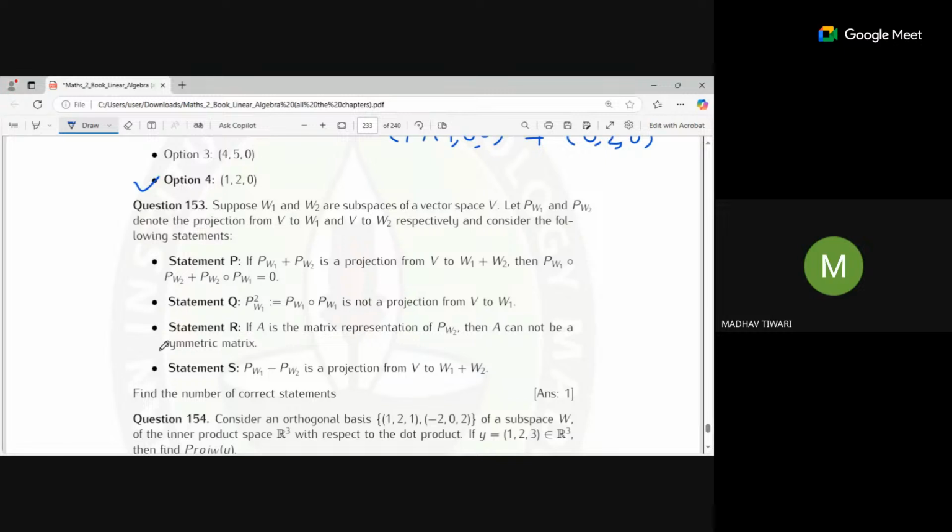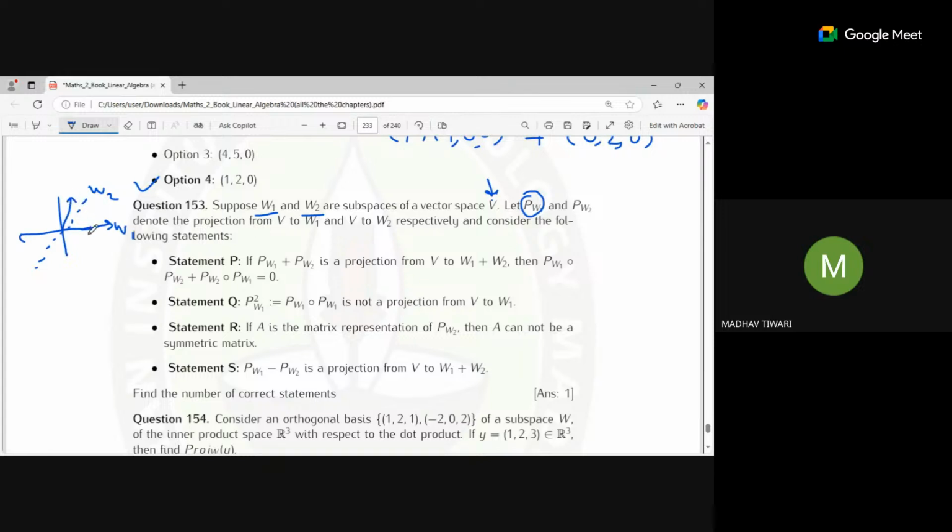Next question: it is saying that two subspaces are there, W1 and W2, and we have a vector space V, and PW1 represents the projection of this vector space on W1. Suppose you have a 3-dimensional structure and you have some vectors, any vector you can have. Suppose here you have a vector. This line is your W1 and this line is your W2.